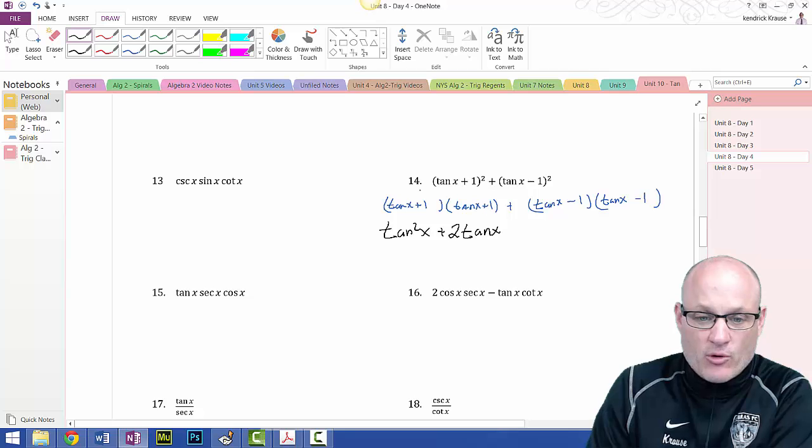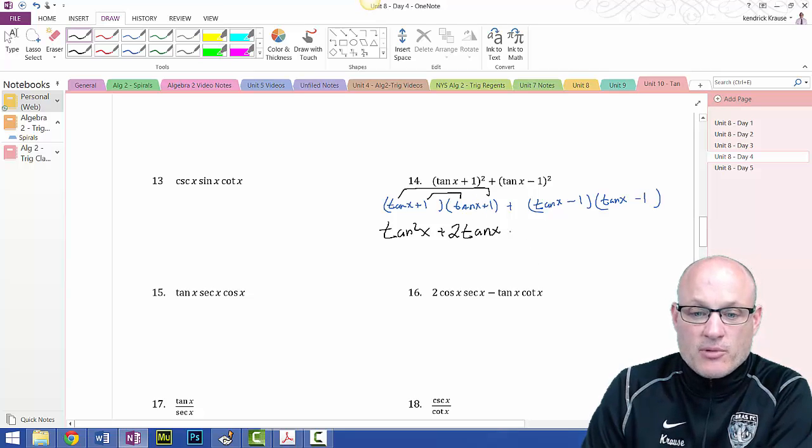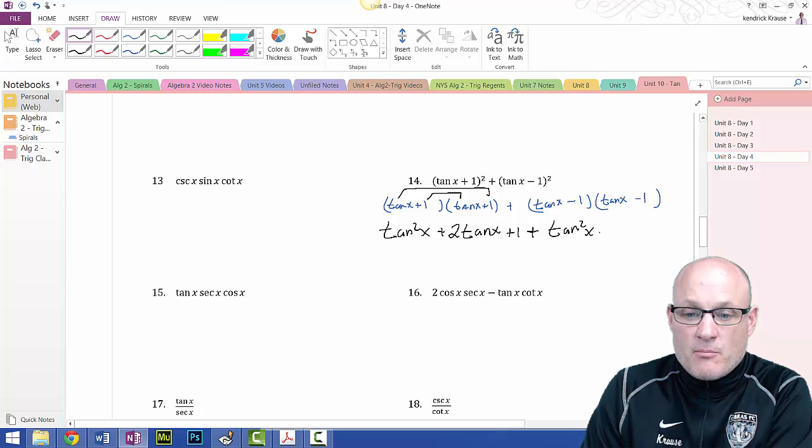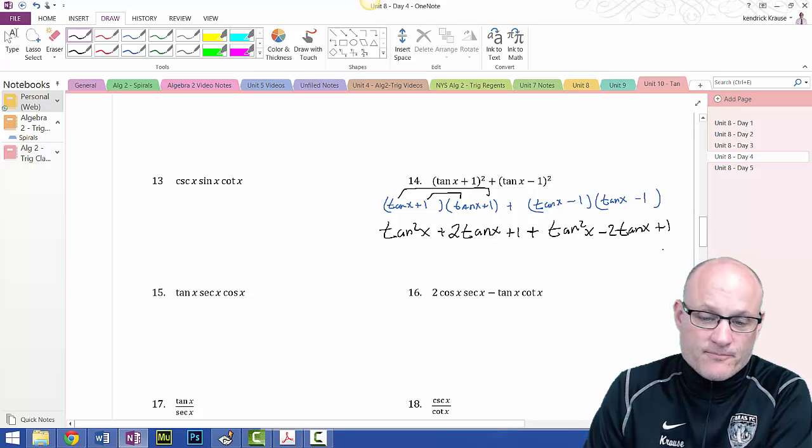Now I'm not going to go through all that work. This is tan x and this is tan x. That's plus 2 tan x plus 1, plus, and this is going to give me tan squared x minus 2 tan x plus 1.